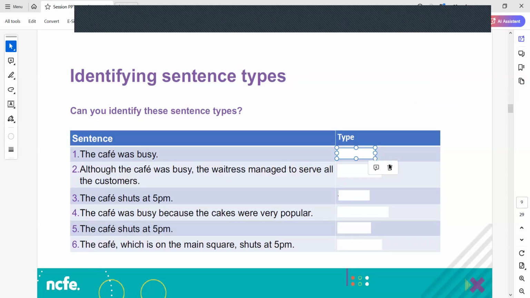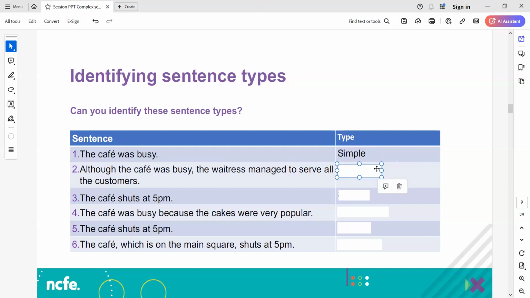Simple. Good. It's a simple sentence. Although the cafe was busy, the waitress managed to serve all of the customers. So we can see it's complex.